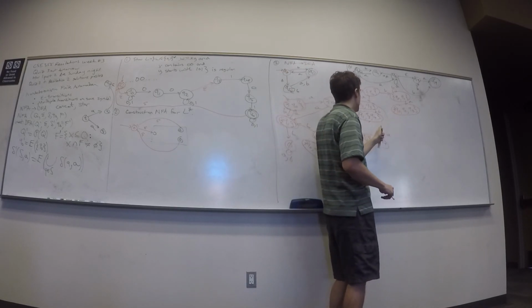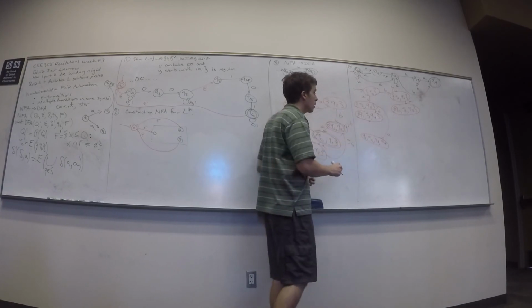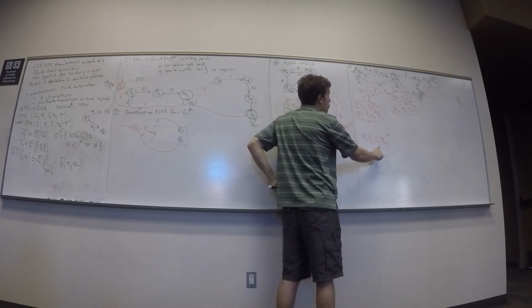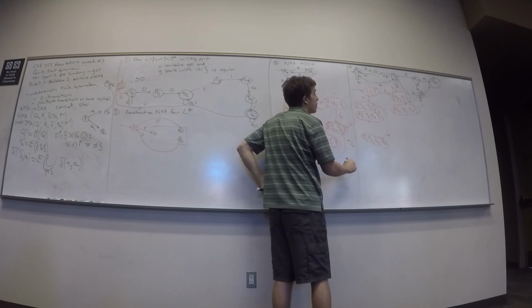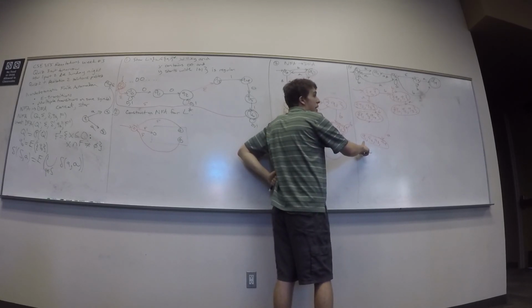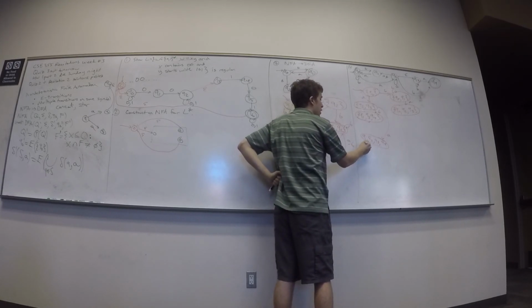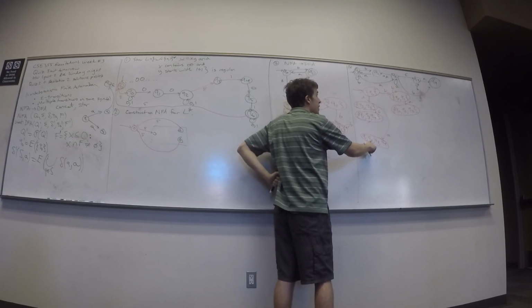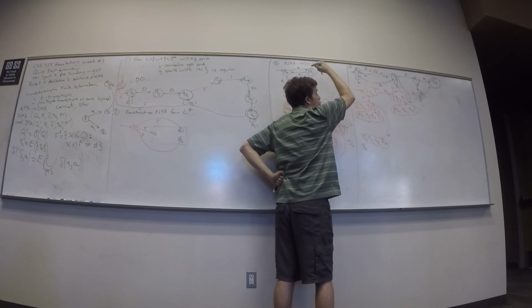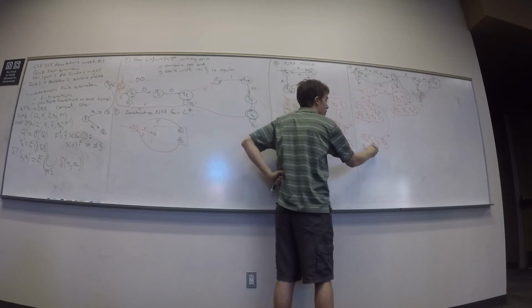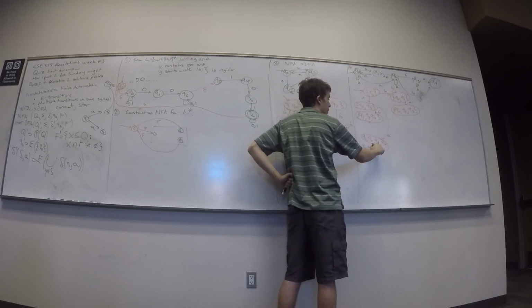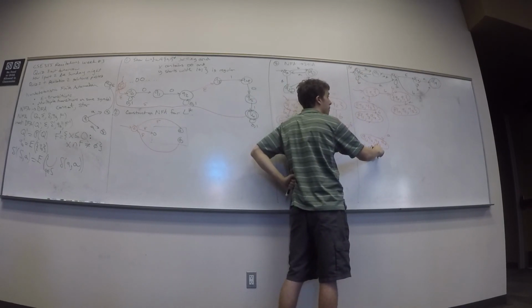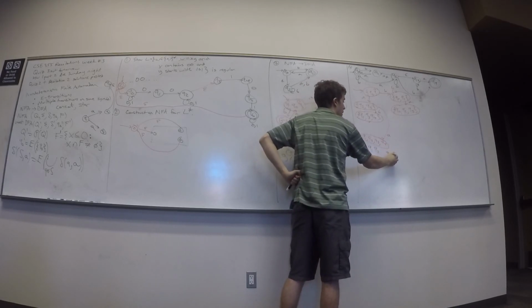Let's do 1, 2, 3, 4. So where can 1, 2, 3, 4 take me on input A? Well, where can 1 take me on A? Take me to Q0. Q2 on A? Well, 1 and 2. Q1, Q2. Q3 on A? Q4?